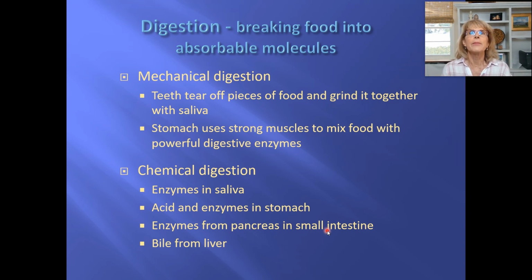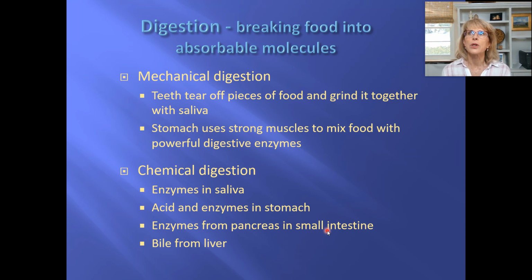Okay. Now, there are certainly times when we don't chew our food very well. So thank goodness the stomach is also very good at mechanical digestion. Where does mechanical digestion stop? Well, it really depends on the textbook that you're reading.